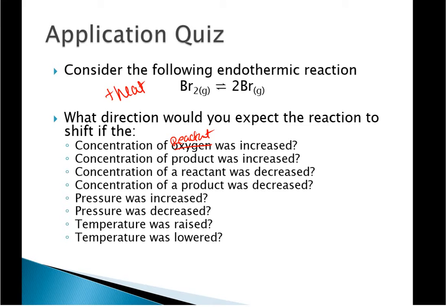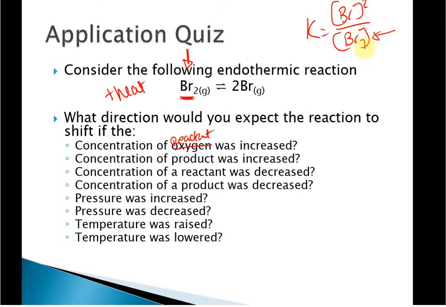So if we add increased reactant, that means we're going to be adding in a lot of our Br2 in order to shift to make that K value for Br2. We're adding in a bunch of this.